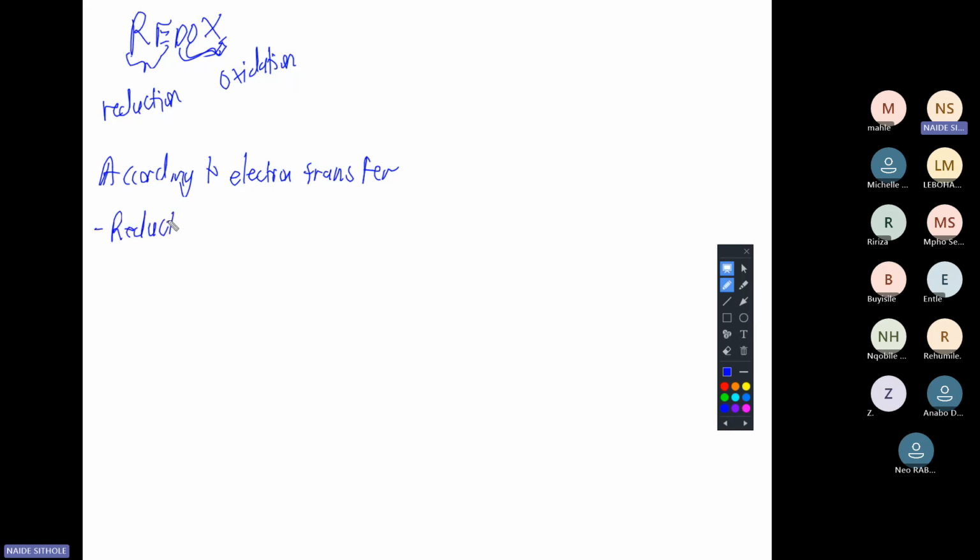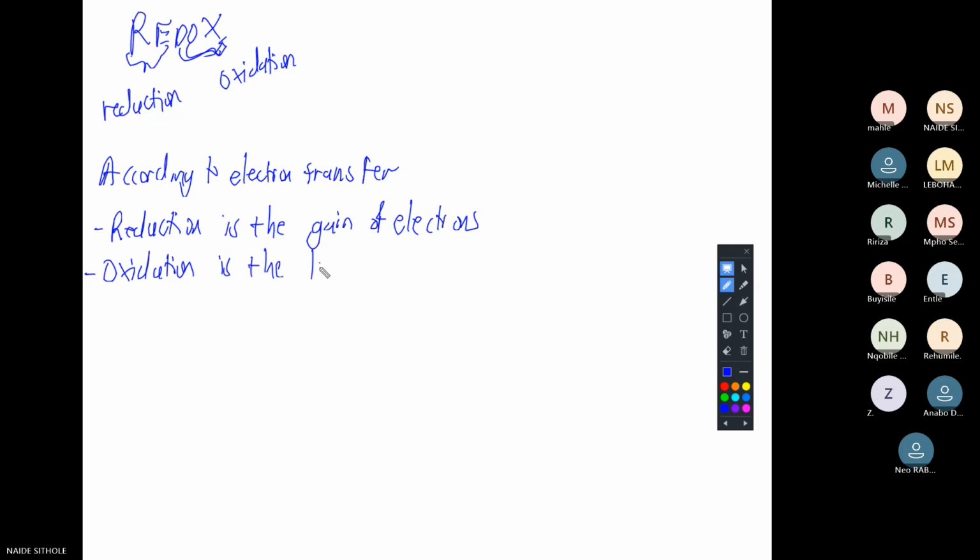So we say reduction is the gain of electrons, whereas oxidation is the loss of electrons.